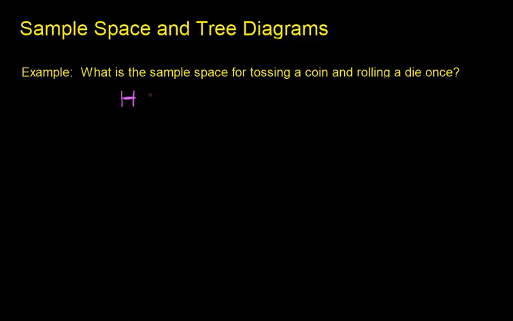And then you could have gotten a 1 for the die. Or you could have gotten a head and a 2 for the die. Another possibility, you could have gotten a head and a 3 for the die. You get the pattern here, listing out all the different possible outcomes. Could have gotten a head and a 5, a head and a 6, right?